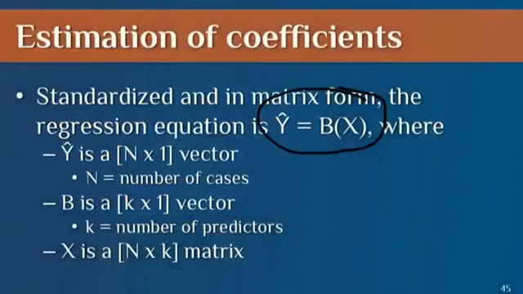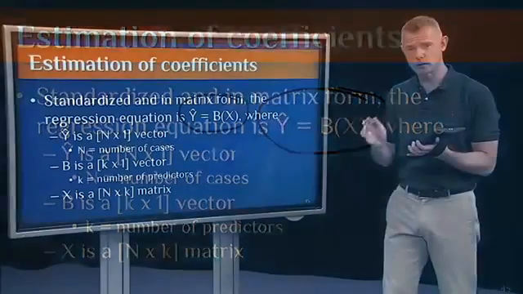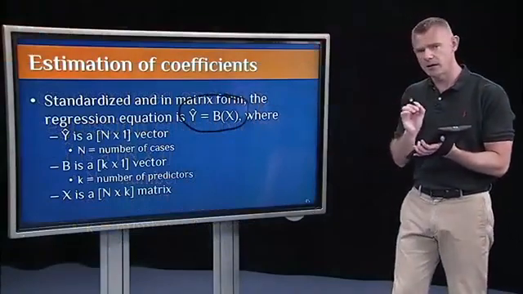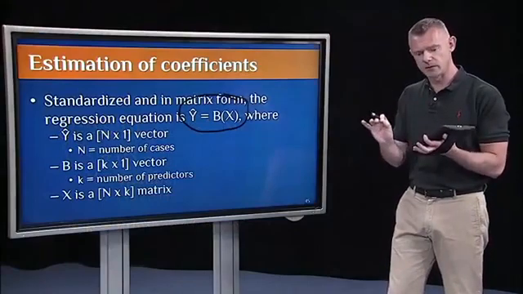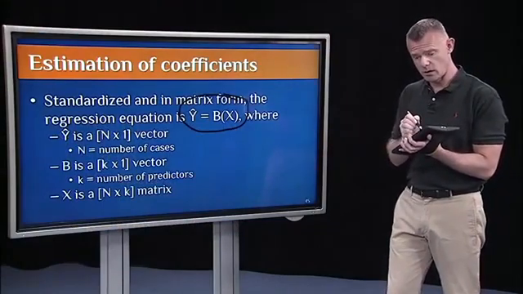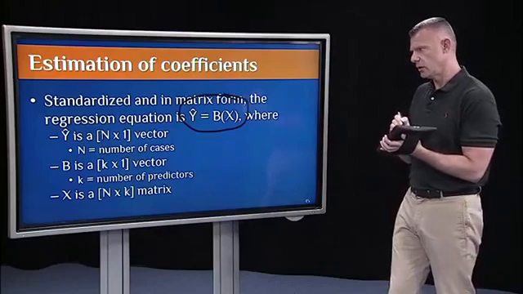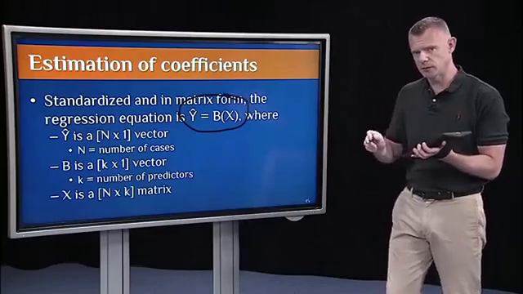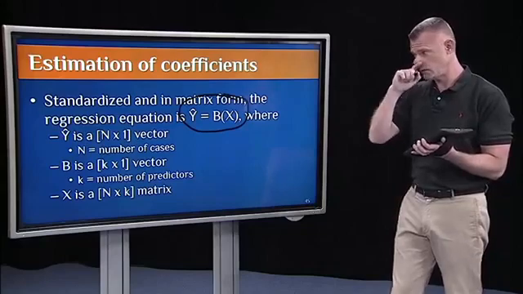Then the regression equation for the predicted score is just b times x. And now think of everything as a matrix. There's a little bit of a change in perspective if you're not used to matrix algebra, so just wrap your head around that. Everything is a matrix. The predicted scores are actually just a vector, because we just get one predicted score on each individual.